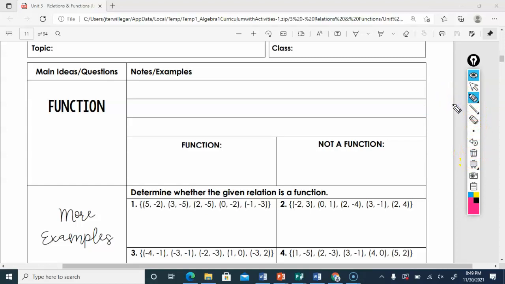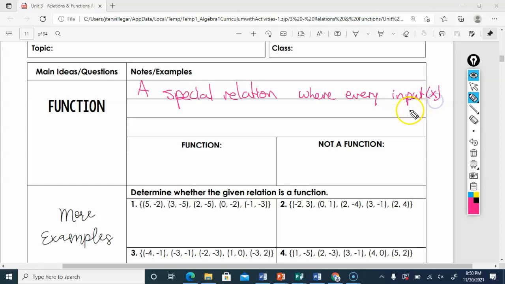All right, what is a function? So before, everything we've done so far is a relation, but a function is a special relation where every input, and what do we usually input in?